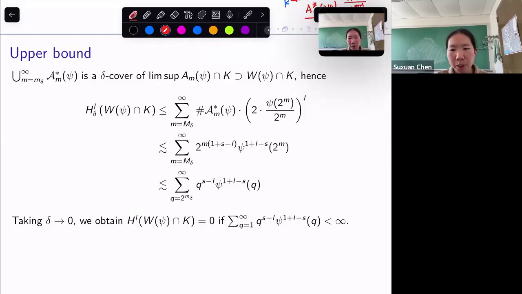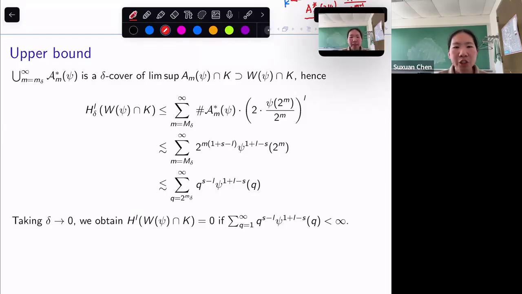So if we require that the summation of q to the power s minus l times ψ(q) to the power 1 plus l minus s diverge, then as delta goes to 0, m_δ goes to infinity, so the right-hand side goes to 0.